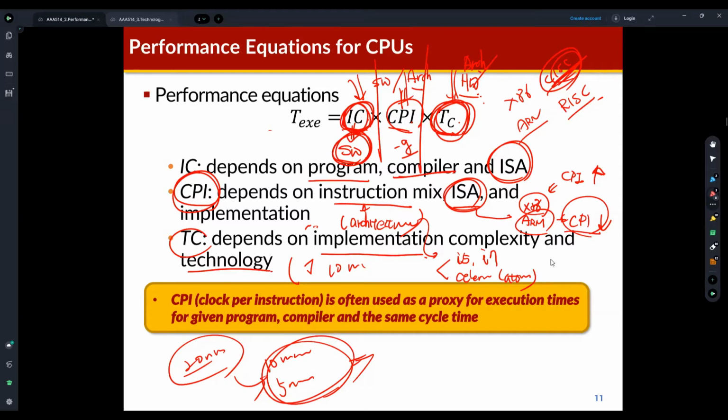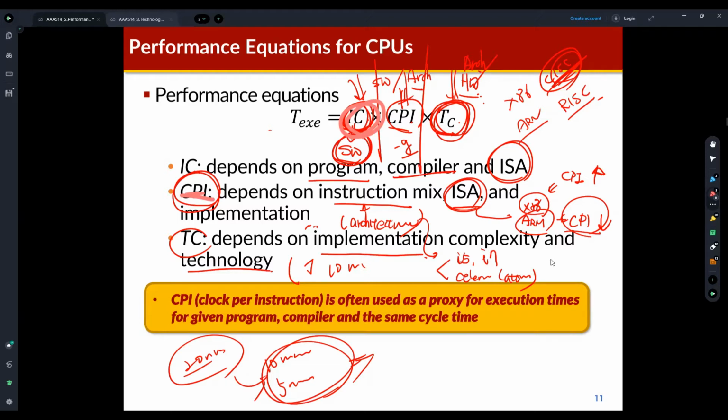So usually the instruction count is determined by the software part, like some algorithm or programming languages or compilers or instruction set architecture. And how about the CPI? CPI is rather the architectural part, which means CPI can be influenced by software and hardware.